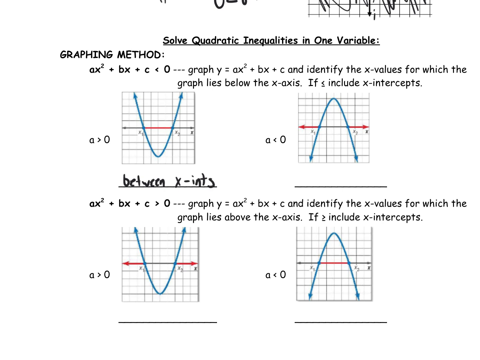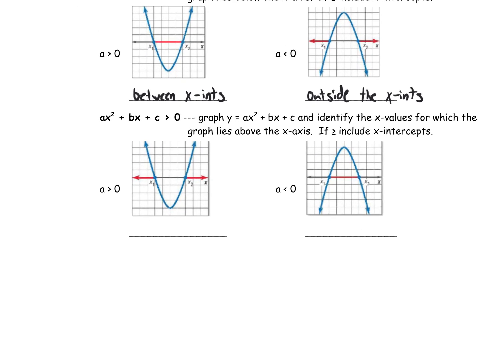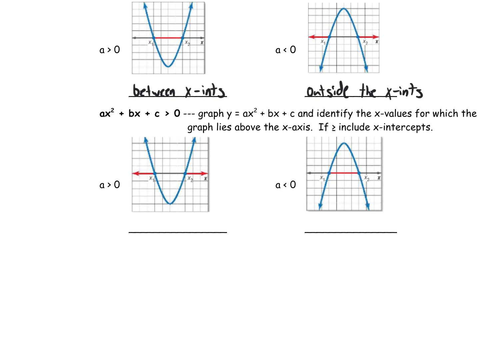And for those parabolas that open down, if we're using the less than 0, we're going to be looking at x values that are outside the x-intercepts, meaning further to the left and further to the right than our x-intercepts. And the same is true, but in reverse order, whenever we're looking at something that's greater than or equal to 0. So for greater than, we're looking at things that are outside.